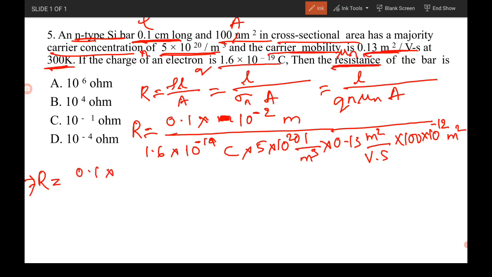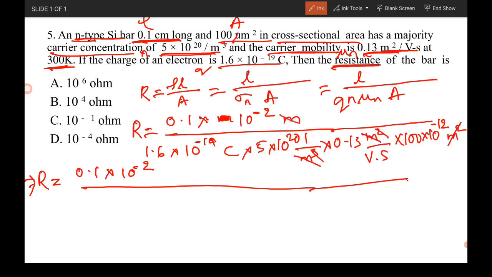So now here our R becomes 0.1 into 10 to the power minus 2. First simplify for the unit. So here meter square, meter cube gets cancelled. Here one of the meter with meter square gets cancelled, and here meter gets cancelled. So we are not getting any unit in the numerator. Now just cancel the power terms.